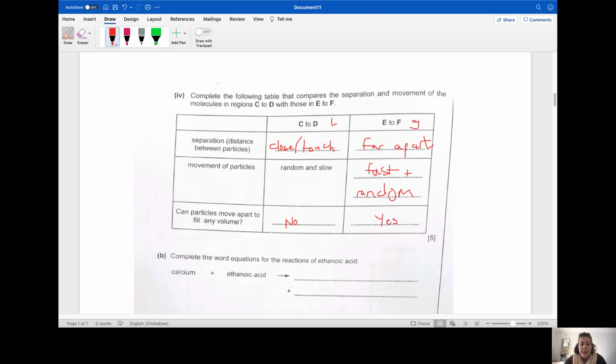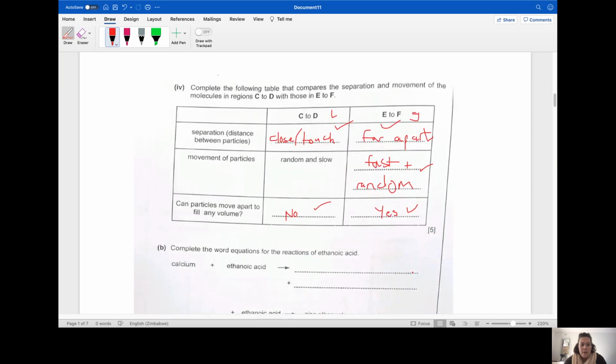Okay, a gas, if I let gas go in a room, it's going to fill the entire room. Okay, if I let liquid go in a room, it's just going to fill the floor. That's not the whole volume of the room. Okay, unless I fill the whole room with liquid. Okay, so you got 1 mark for each of these things. Okay, you had to figure out that C to D was a liquid and E to F was a gas. And again, that was just learning.